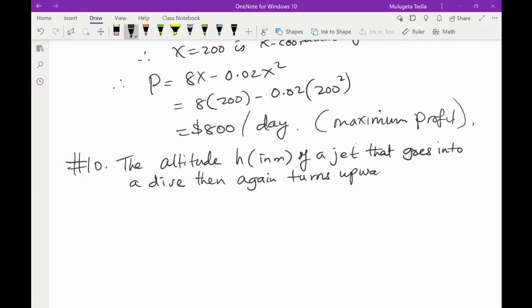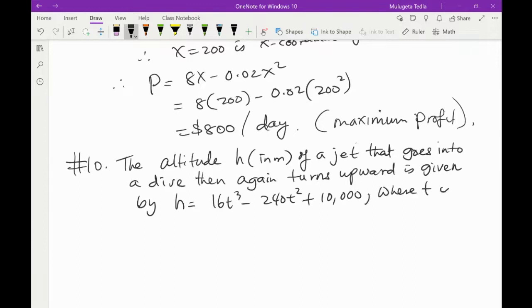These are easy in a way because they gave us the formula. Sometimes we have to make up the formula. It is given by h equal to 16t cubed minus 240t squared plus 10,000. That's the formula where t is the time in seconds.